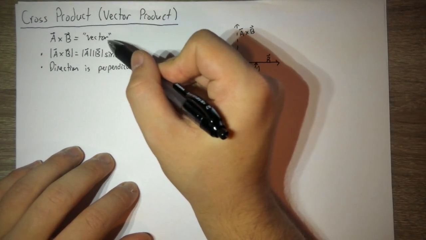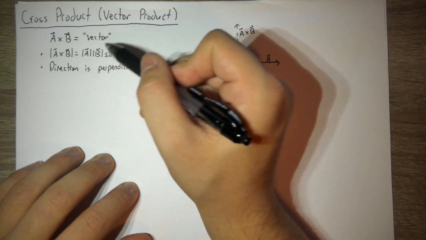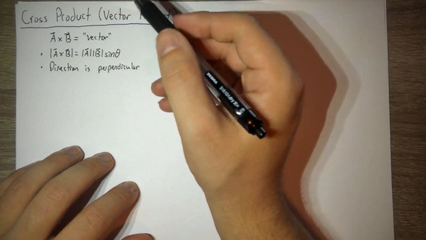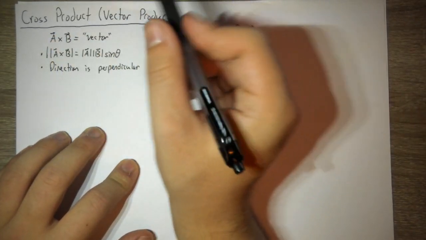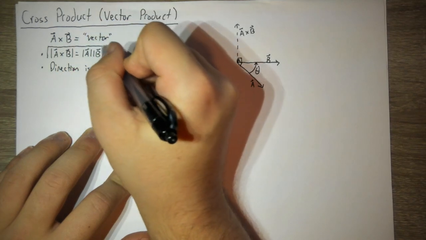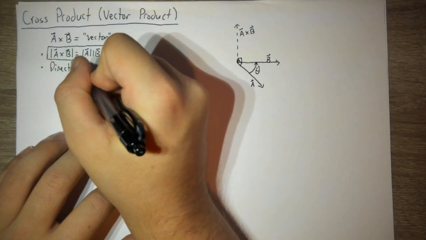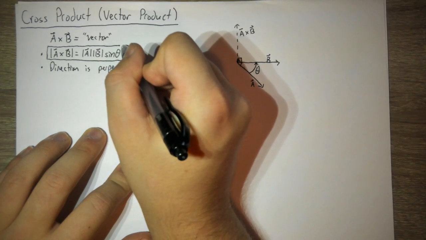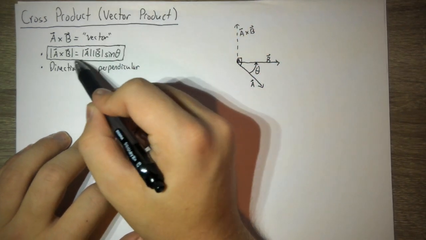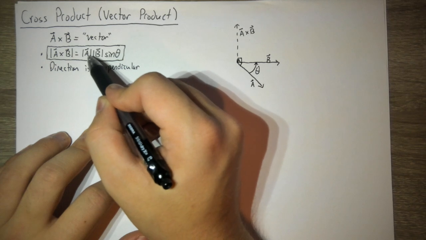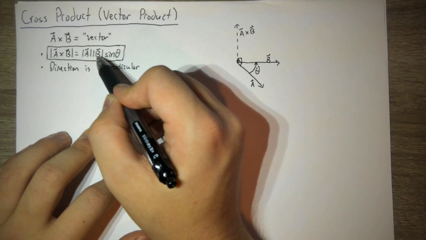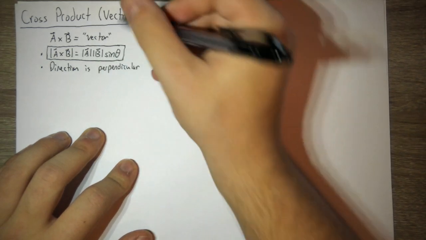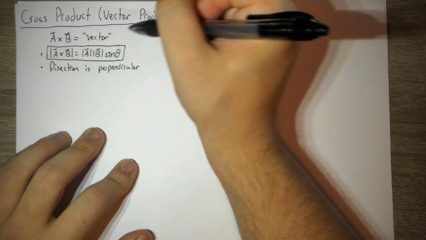So given that we have a vector output, we need both a direction and a magnitude. So I've written out this equation here, which is the magnitude of the cross product. It's similar to the dot product as well in the way that it's the magnitude of both vectors multiplied by a trig function, which in this case is sine.